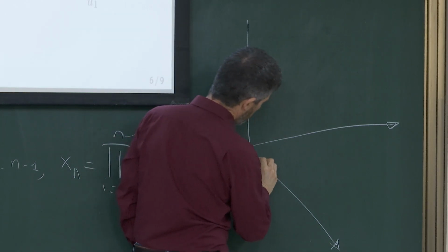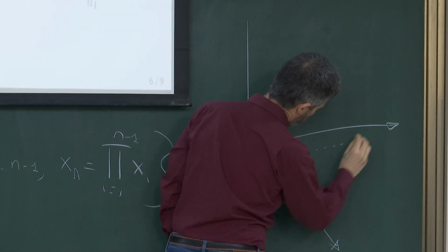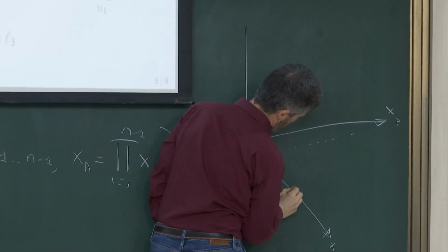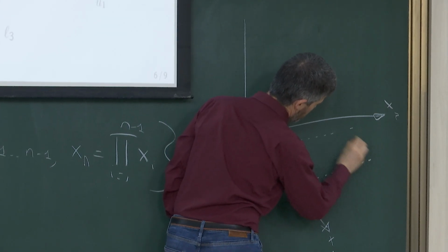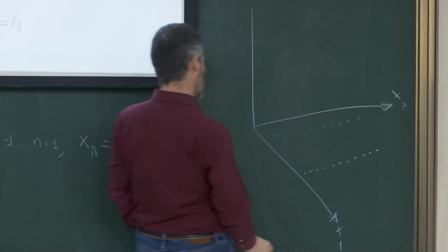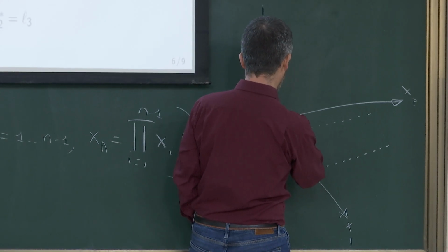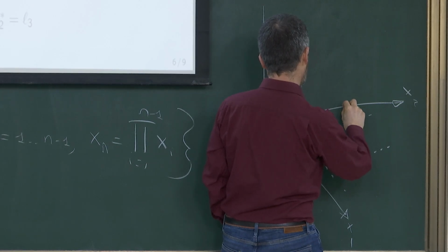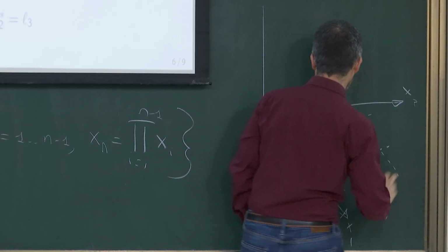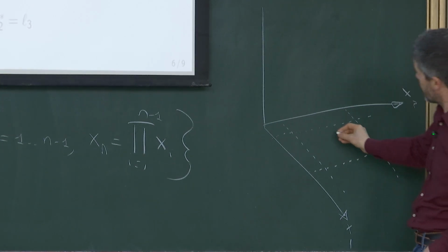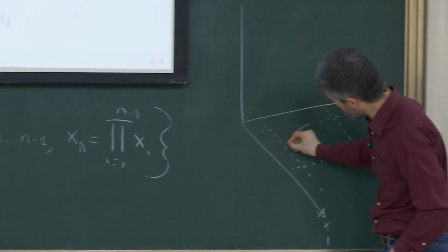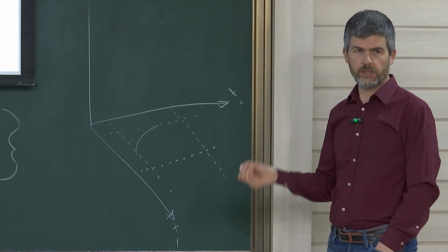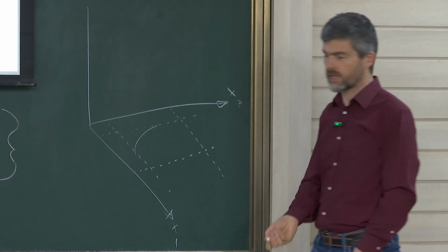But if we use x1 here, x2 here, and these are their bounds on x1 and also on x2, what will happen is that this is the curve that represents the fact that x1 times x2 is greater or equal than the lower bound on x3.